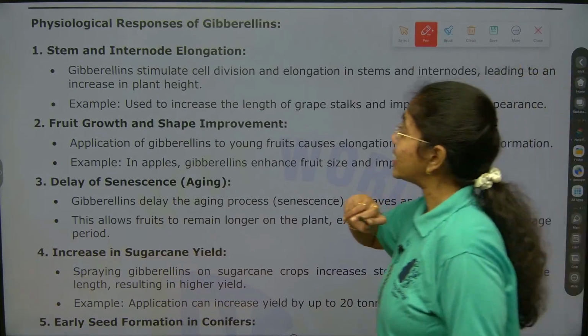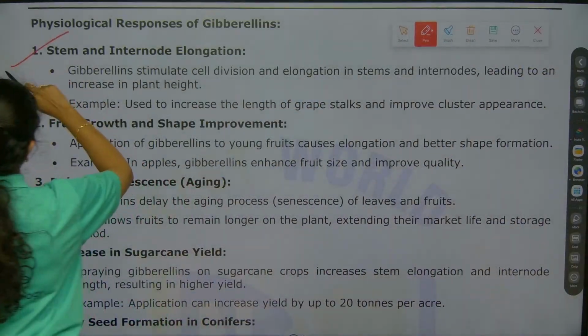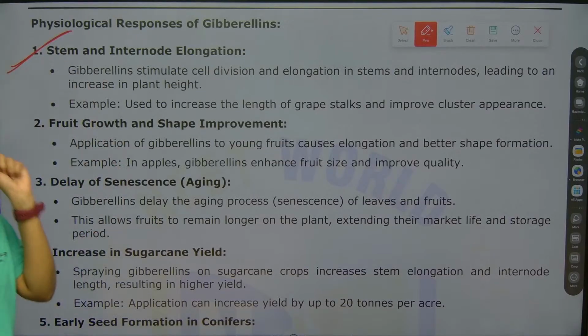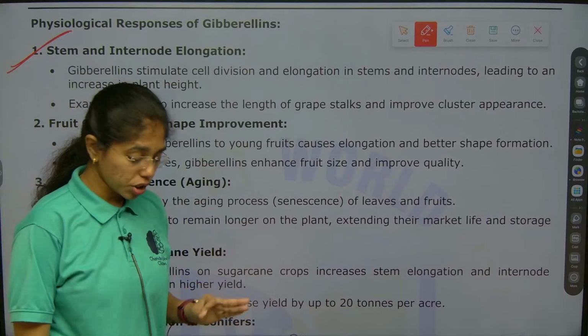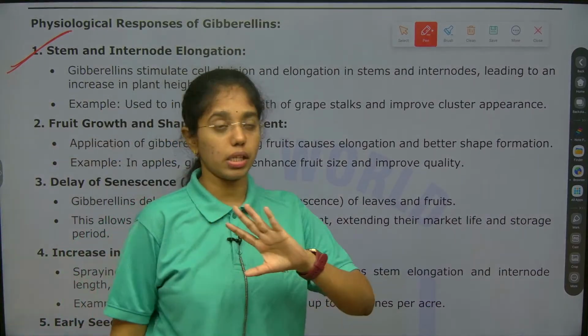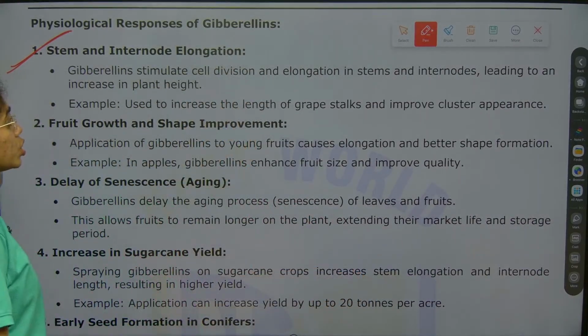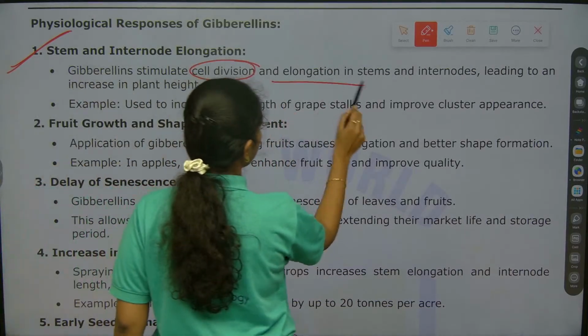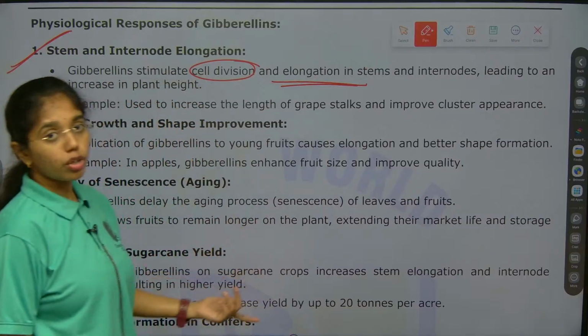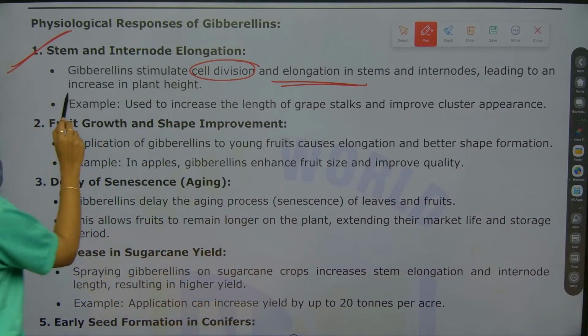First you see stem and internode elongation. That is the major role of gibberellins. Cell elongation or internodal elongation is the major function. Gibberellins stimulate cell division and cell elongation in stems and internodes, leading to an increase in plant height.